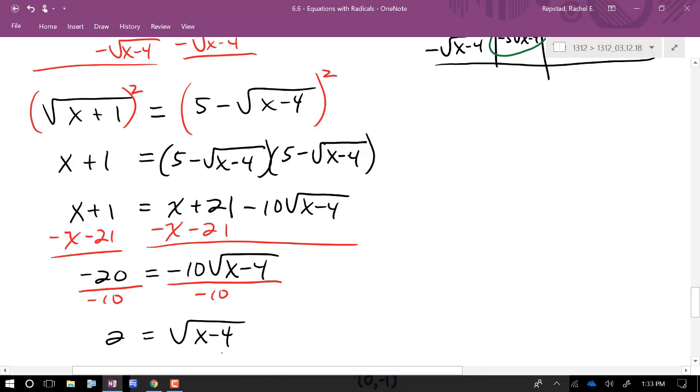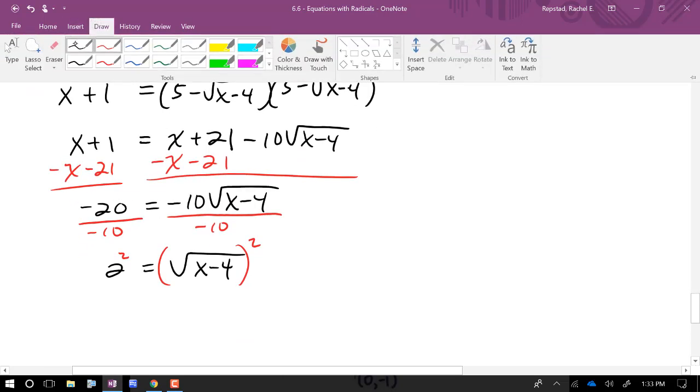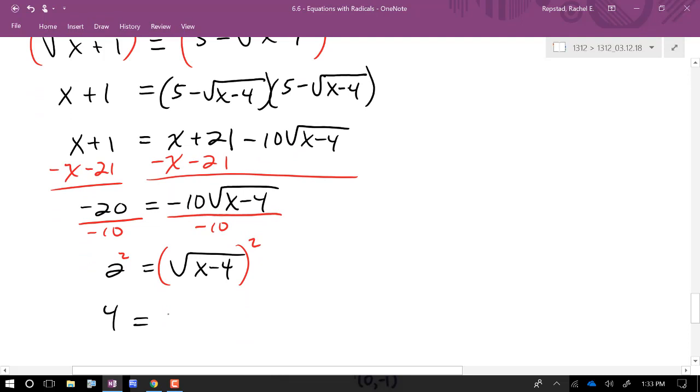Pretty nice, huh? Now we can square both sides again. So we get 4 is equal to x minus 4, so x is, I think, positive 8, right? Yeah.